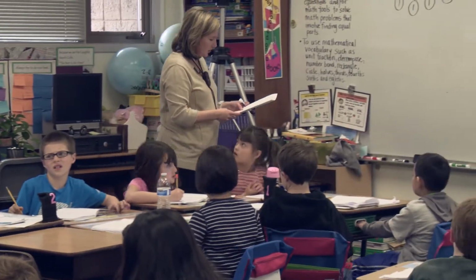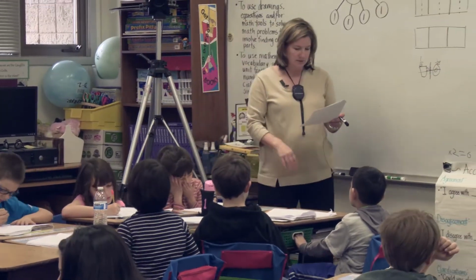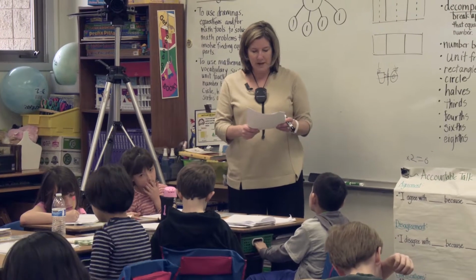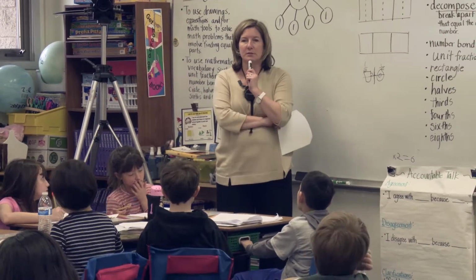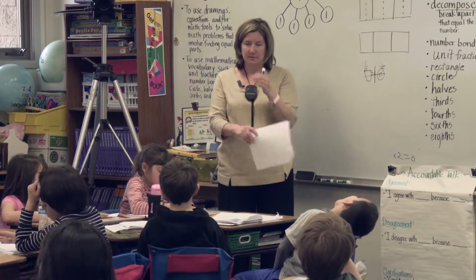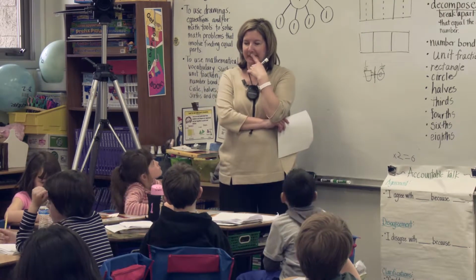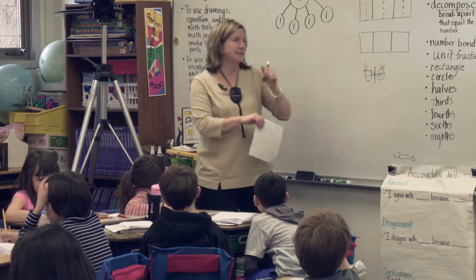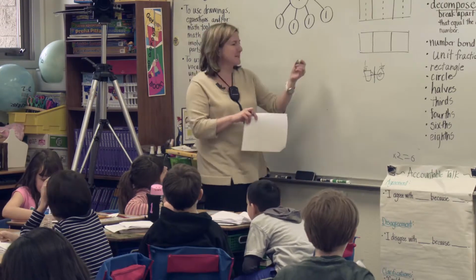So you're going to decompose 4 into 3 and 1. Oh wait, what did I say? I think I said this wrong. I think I told you the answer there. That probably wasn't what I was supposed to do.